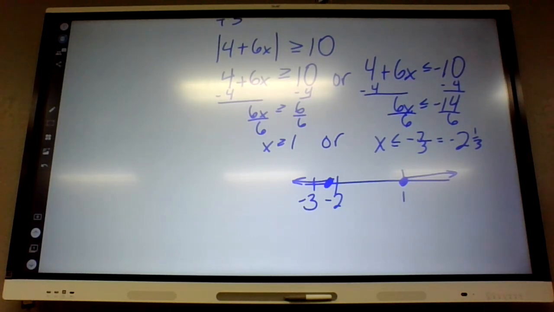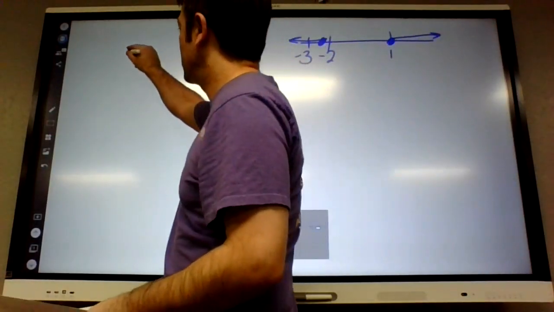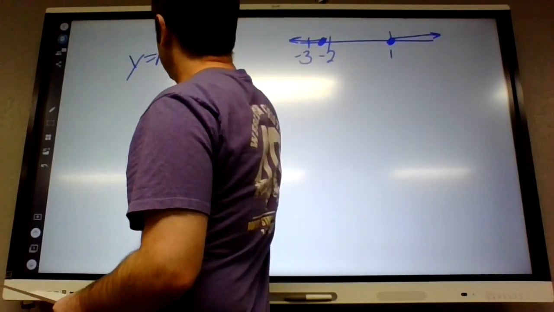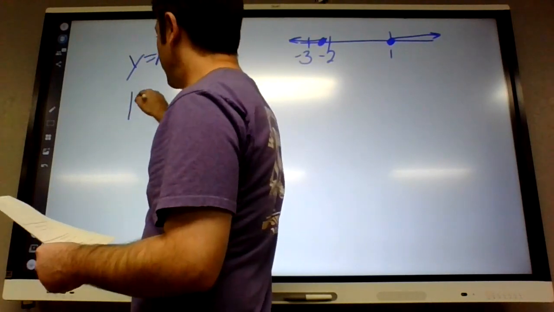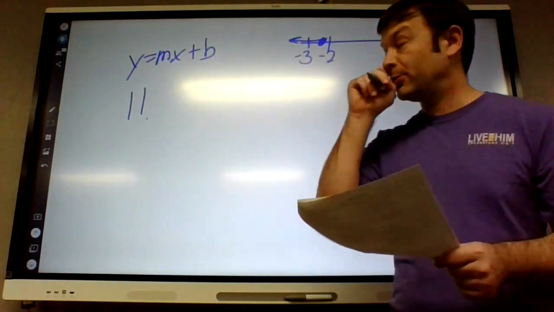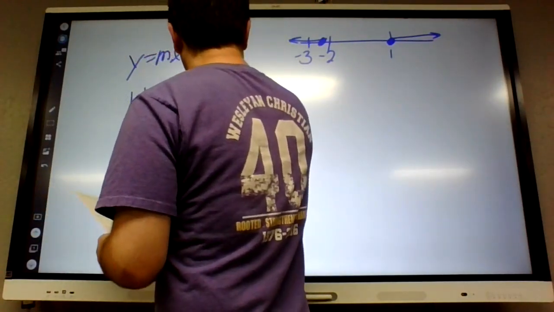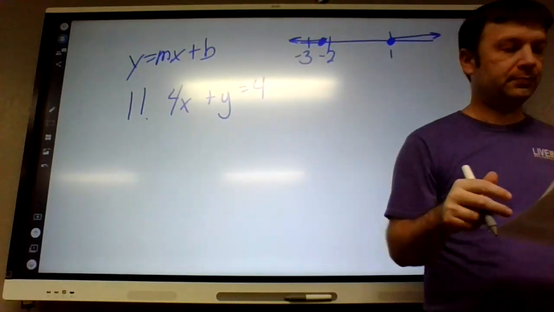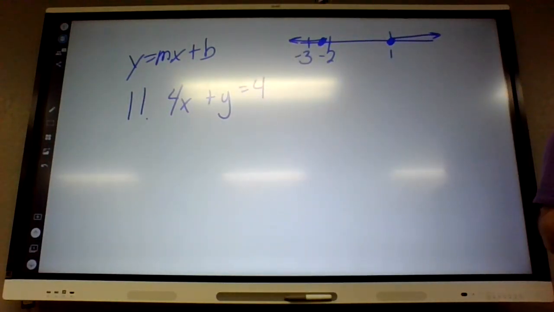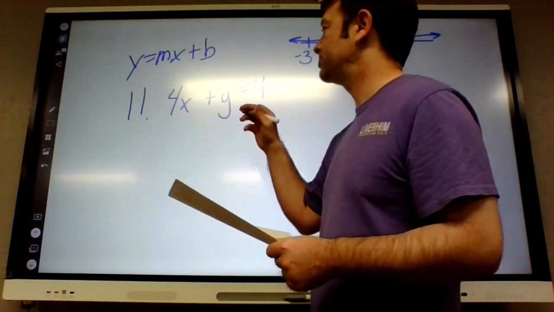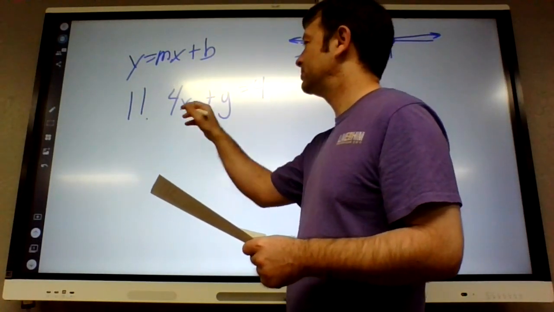11 says write the slope-intercept form of the equation of the line. What does that mean, slope-intercept form? Is it y equals mx? Yes, y equals mx plus b. So basically it means solve for y. So what should I do, Mallory, to solve 11 for y? You subtract the 4x, right?